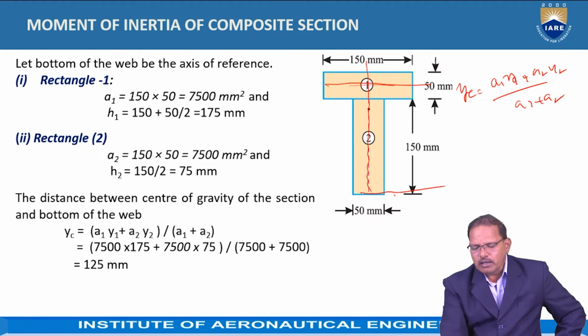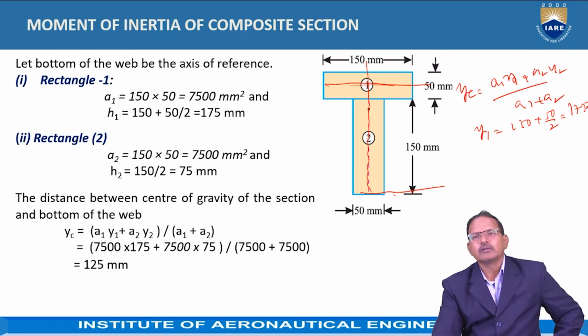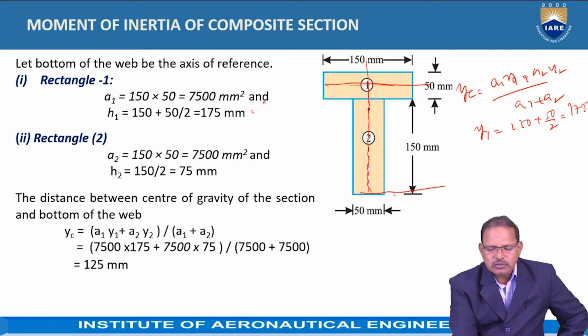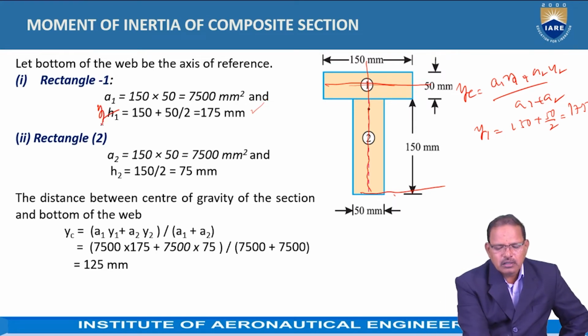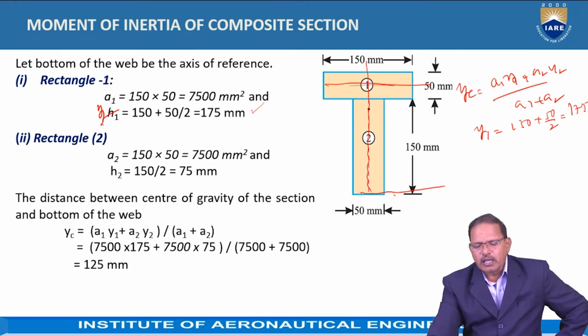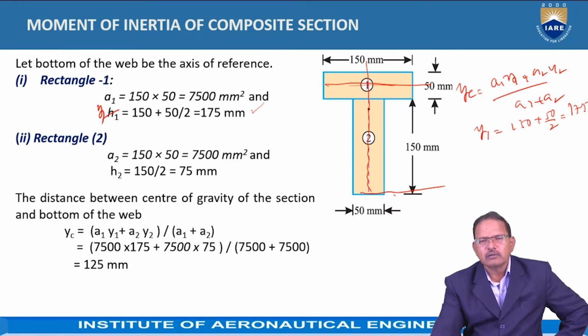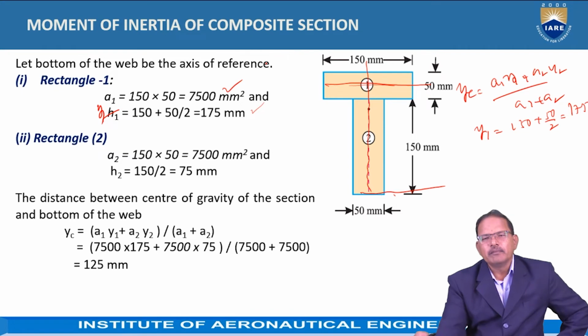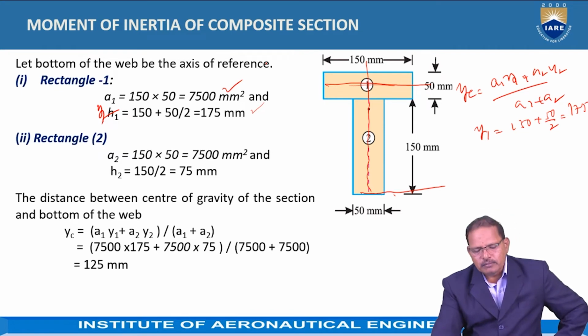But from the bottom position, y1 is equal to 150 plus 50 by 2, which is equal to 175 mm. Area is equal to 150 by 50, which is 7500 mm squared.